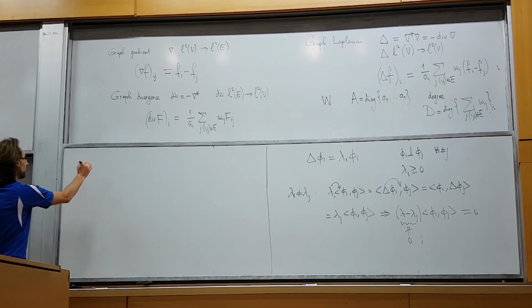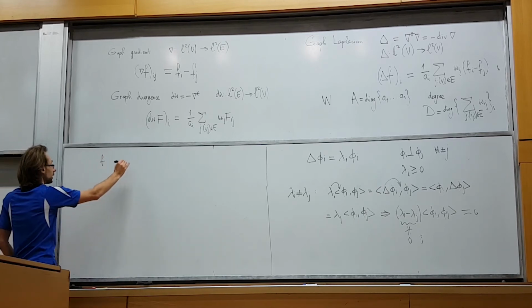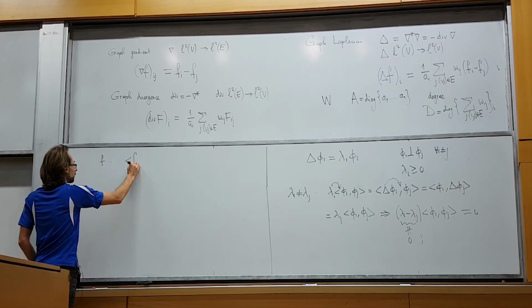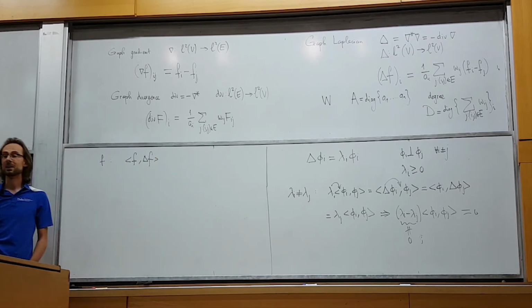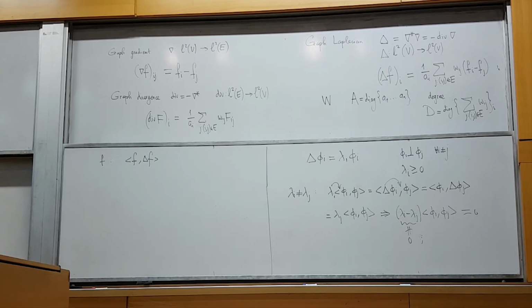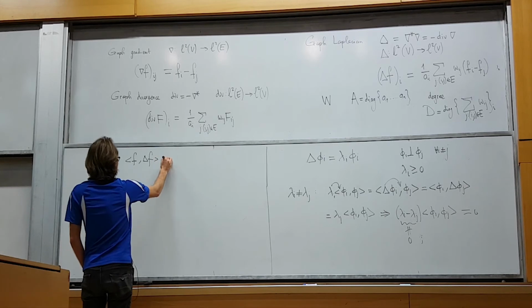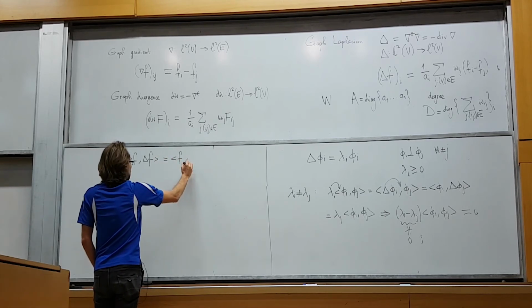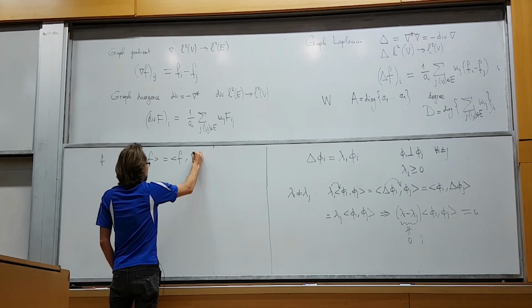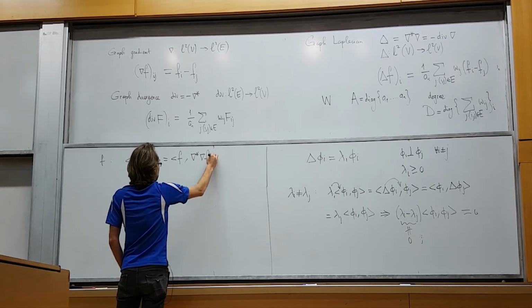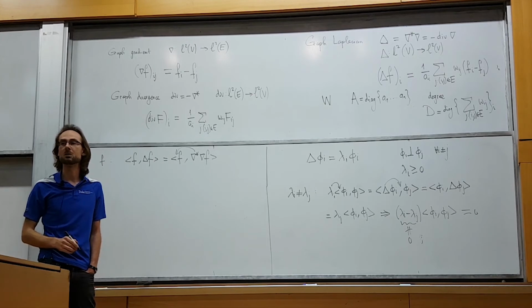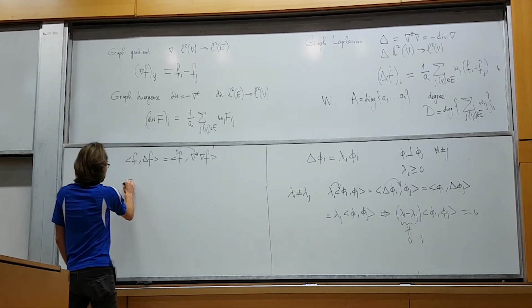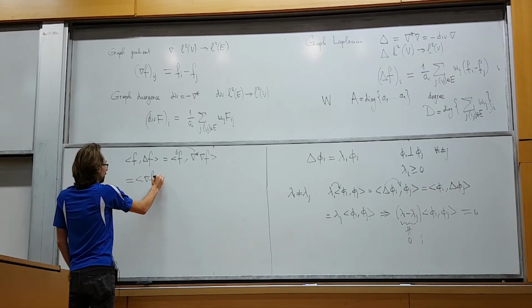I will take a field f and compute the inner product of f with the Laplacian of f. This is called the quadratic form, right? Positive semi-definiteness means that this quadratic form is always non-negative. So let me write it as f inner product with the gradient adjoint of gradient f. Move this adjoint to the first argument, which will become the inner product of gradient f with gradient f.